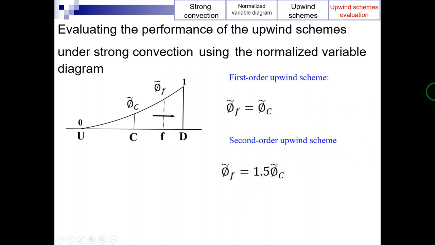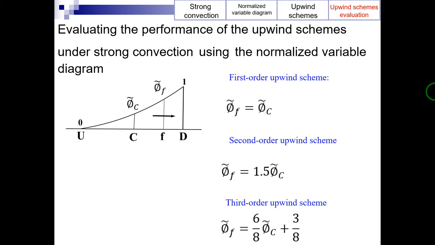And finally, for QUICK or the third order upwind scheme, of course on a uniform grid, the normalized convected control volume phase value is written like this. Based on these equations, and as can be expected, the normalized phase value is only a function of the normalized adjacent upstream node value.